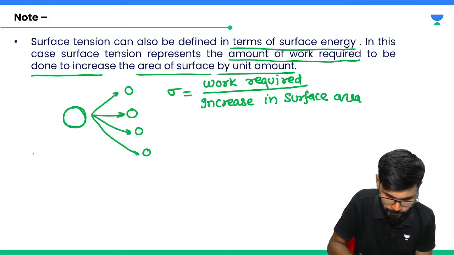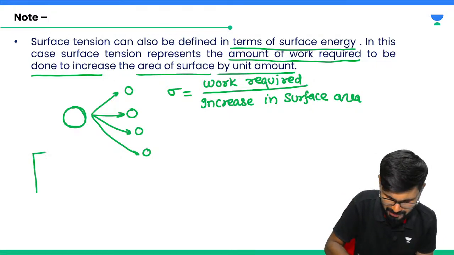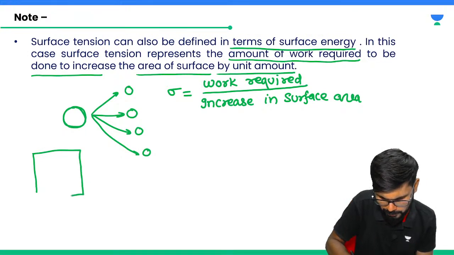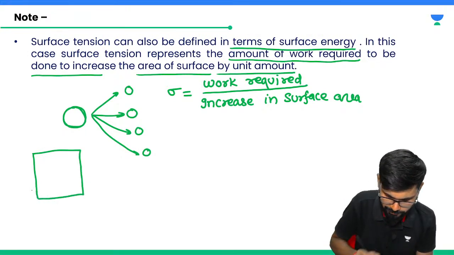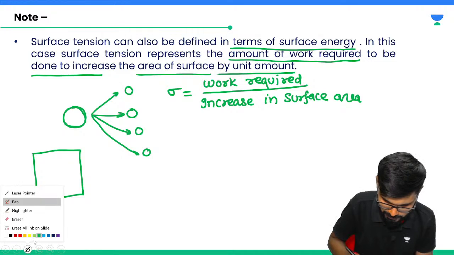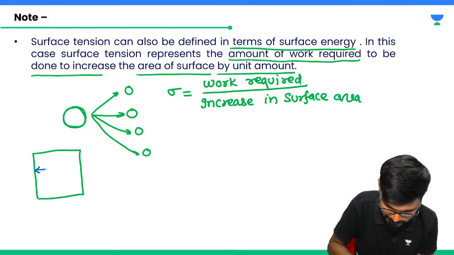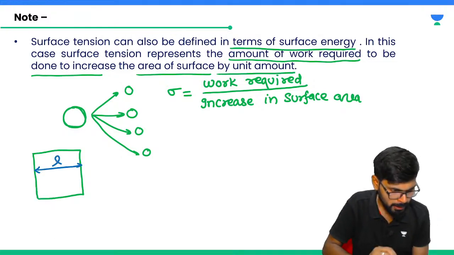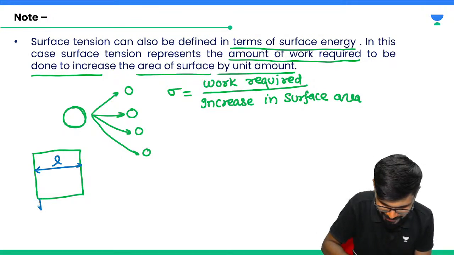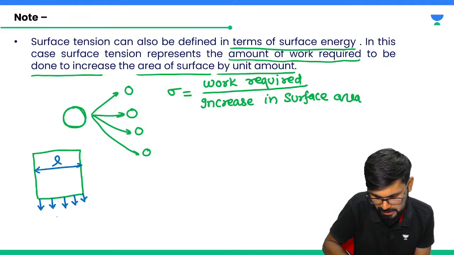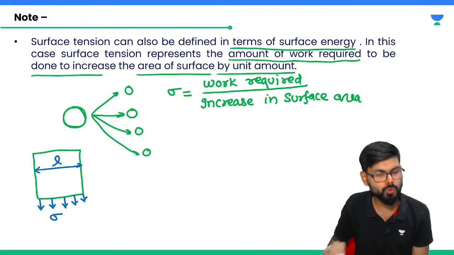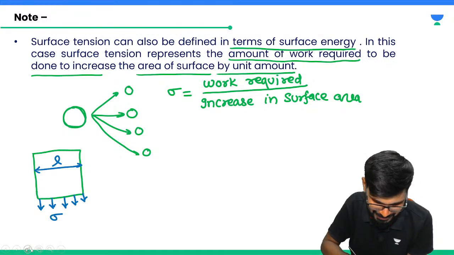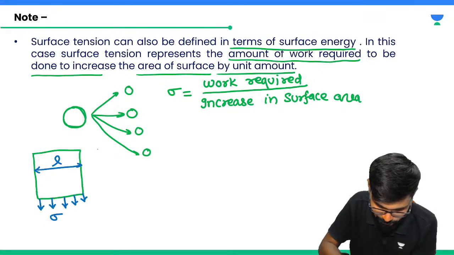So basically I can explain it in a better way. Suppose this is the surface, only for your understanding I'm telling you. This is the surface, right? And in this surface, let's say the length is L, and here I'm applying sigma. It is an exposed surface, and sigma is going to be applied. So the increase in surface area is, let's say, something like this.